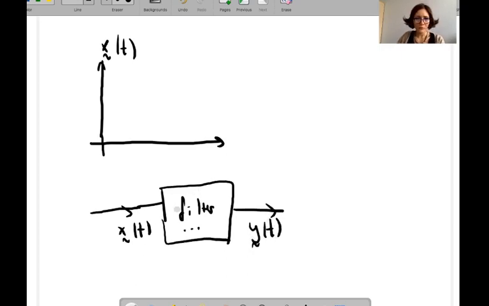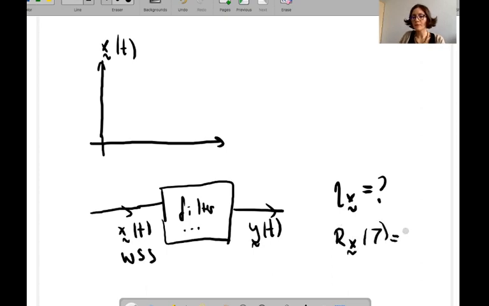But to be able to design this filter, you have to know the statistical properties of this. You have to know the mean. So you would like to know eta x, the mean value of this random process, and, assuming that this is wide-sense stationary, the autocorrelation function, Rx of tau, of this random process. If you know this, let's say that you're able to design your filter. However, in practice, you only have some observations of your data. So let's say that you have only a single realization of the random process, okay? Just the signal, a single realization.